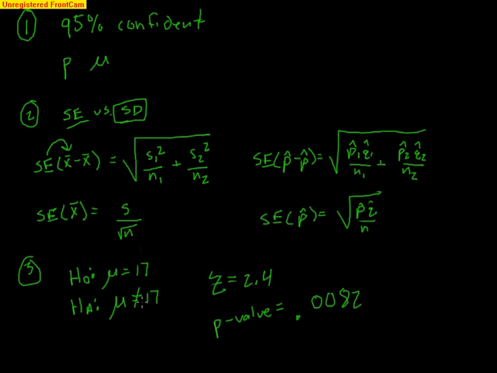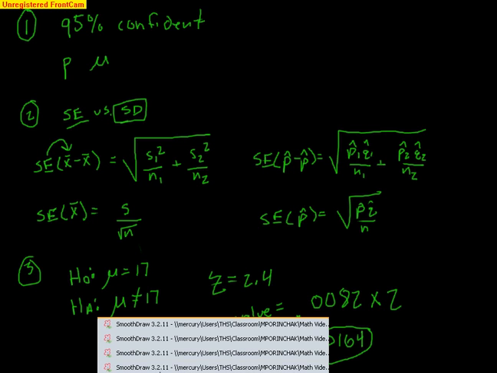Now, because this was a two-tail, and it said that in the problem, we either said this directly or we inferred it, we're going to have to multiply this by 2. It's as simple as just multiplying it by 2 on your calculator, and you get a p-value of 0.0164. And that is the p-value that we would be using to make our decision on rare or not rare. So that's really important that you realize that when it comes to two tails.